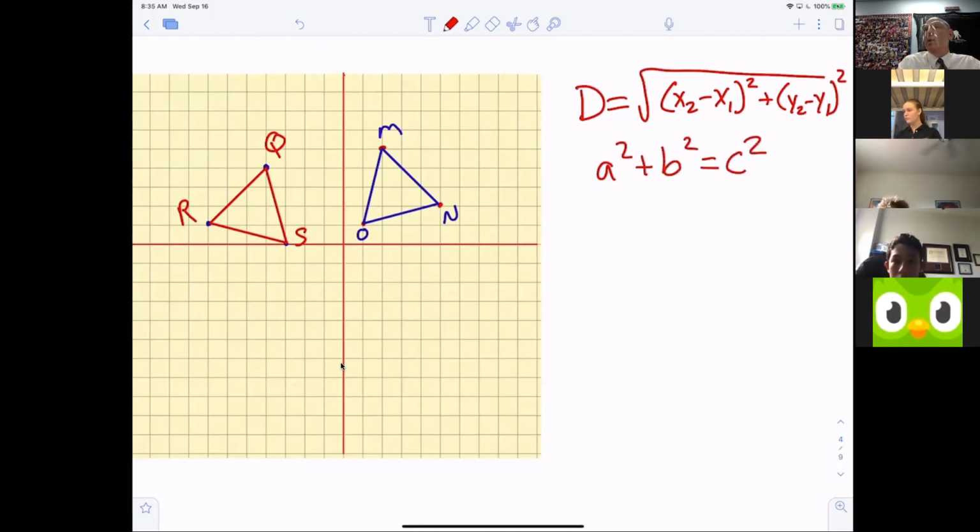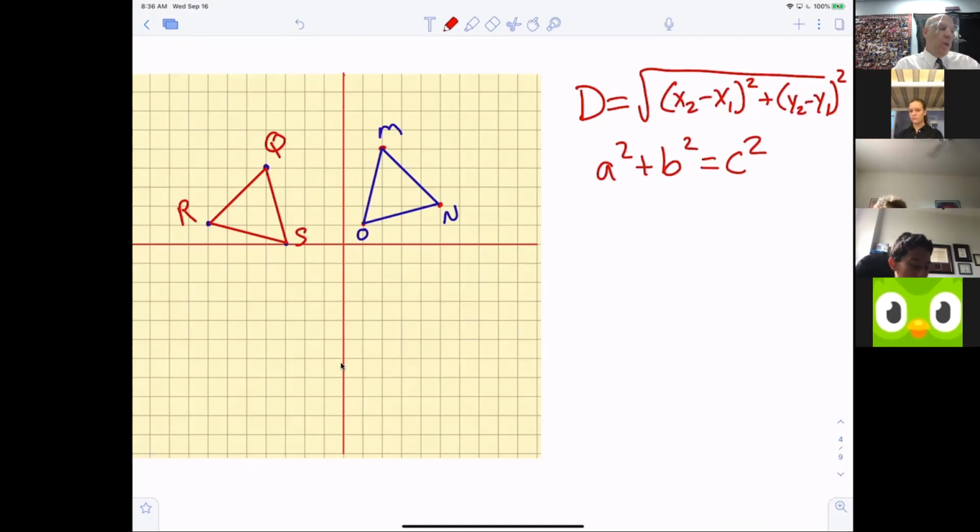The distance formula is simply derived from the Pythagorean theorem. We could talk about that more, but again, does everybody remember a squared plus b squared equals c squared? That's for right triangles. And we did that last year, when we had right triangles and I asked you to find the hypotenuse or find the leg. And we were working on square roots.